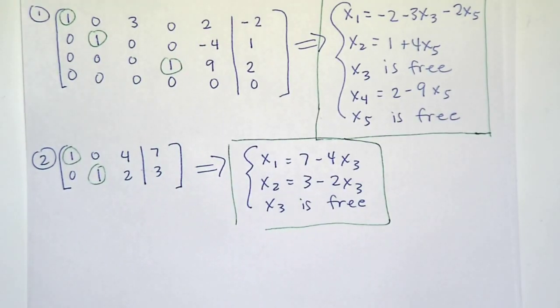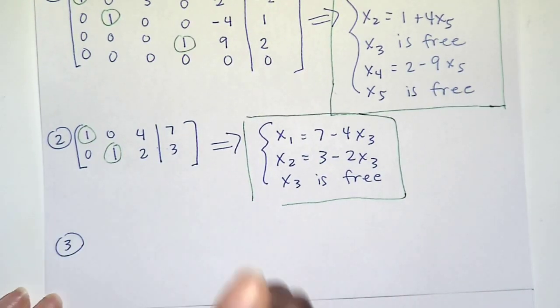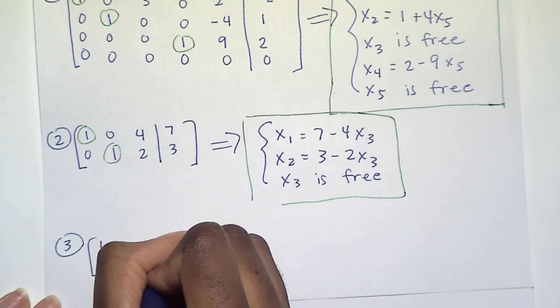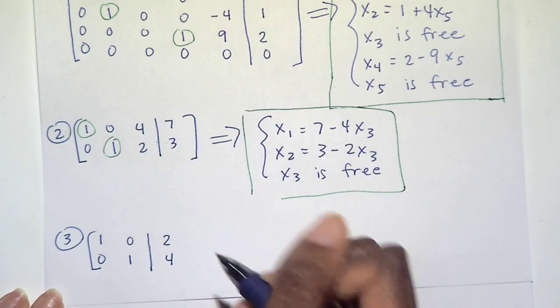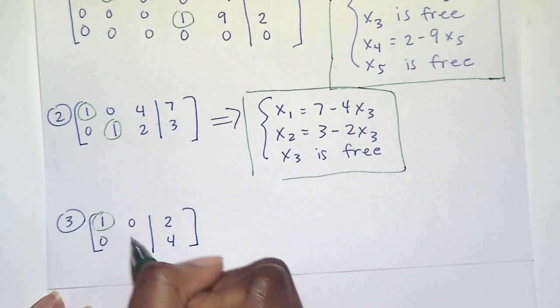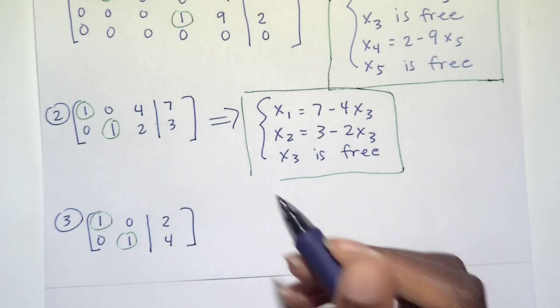I think I can squeeze another example on this page. Third example. We got 1, 0, 0, 1, 2, 4. Notice here that every column has a pivot position. Okay, so let's see, what does that tell us about the amount of free variables we are going to have? We won't have any. Okay.